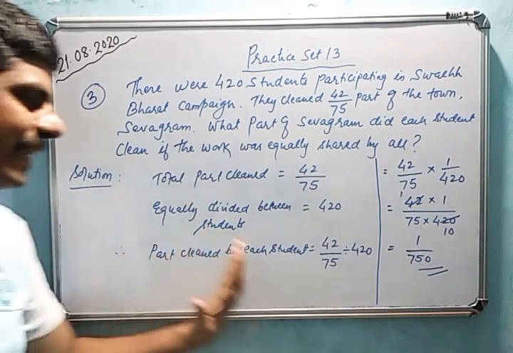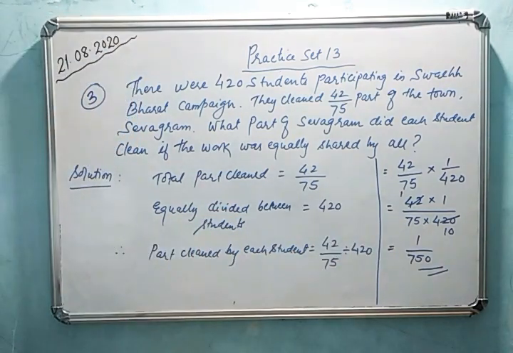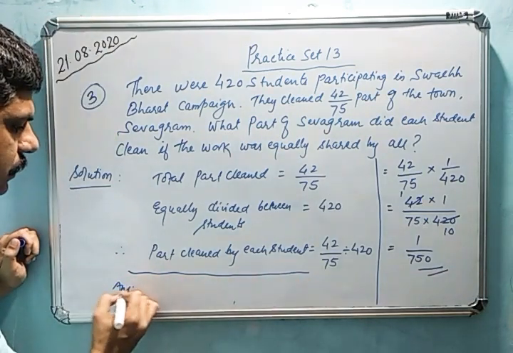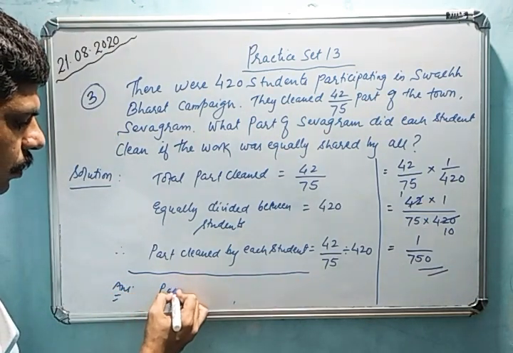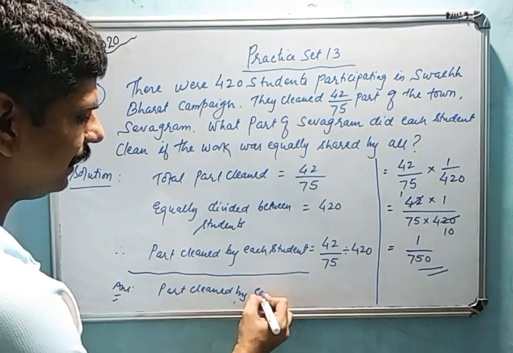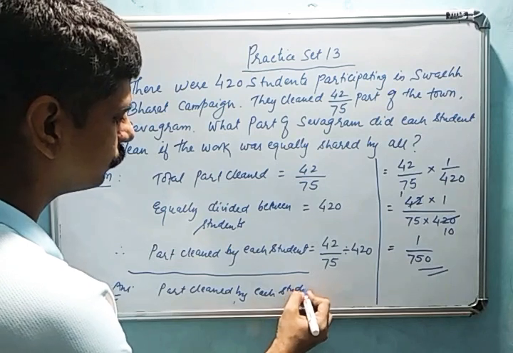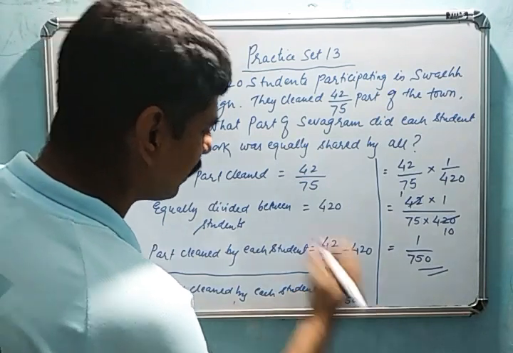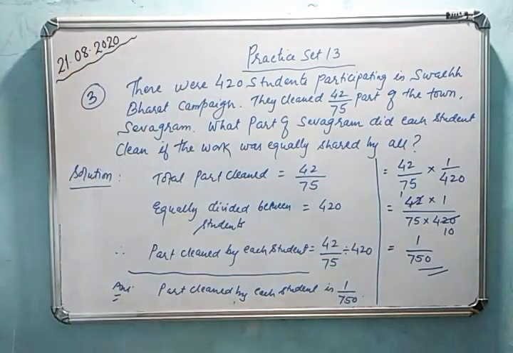So part cleaned by each student is 1 upon 750. You can write your answer. Okay, answer should be written like this. Part cleaned by each student is 1 by 750. Is it clear?